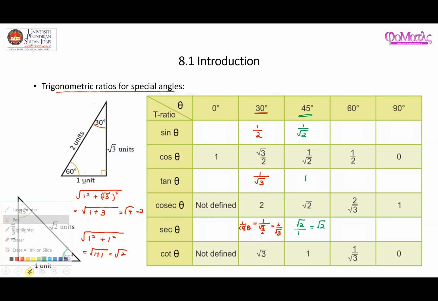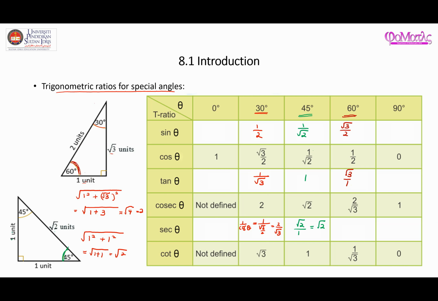Next, we are going to continue with the angle of 60 degrees. For 60 degrees, this is the angle of interest. Sine of 60 degrees is root 3 over 2. Tangent of 60 degrees is root 3 over 1.